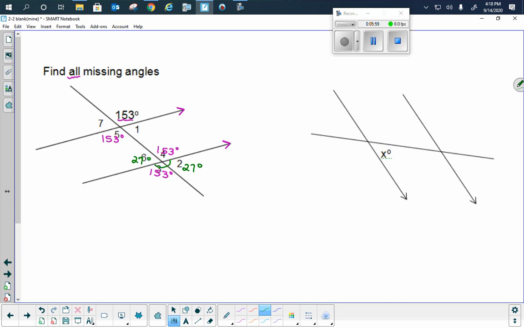Just for practice, we could say angle 2 and 1 are corresponding, and since the lines are parallel, this would be equal to 27 degrees. We could say angle 2 and 7 are alternate exterior, and since the lines are parallel, these would both be equal to 27 degrees. But you could also just do all the straight angles, right? Subtract from 180 there, and so on and so forth.